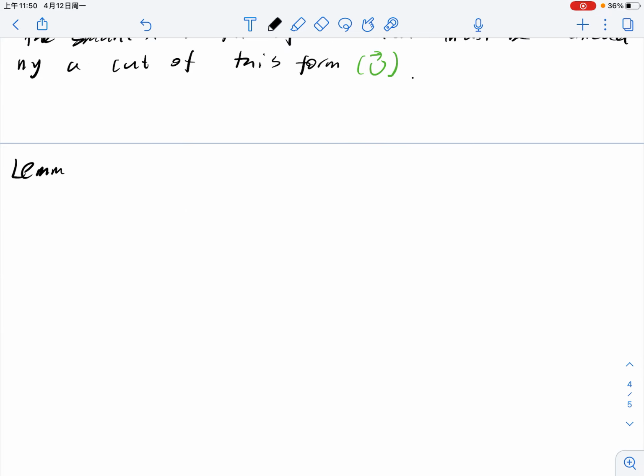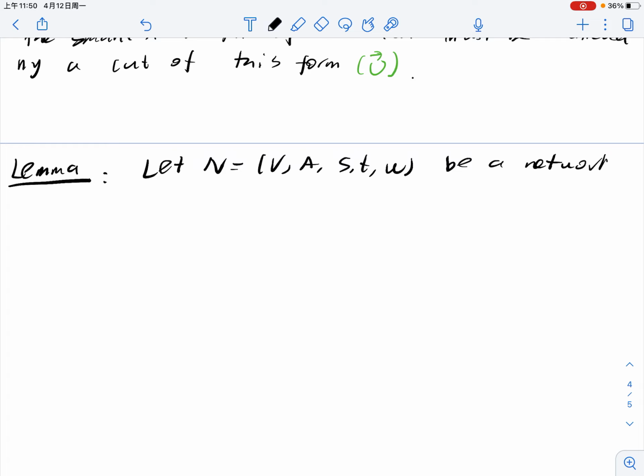Okay, lemma. So we first state the following lemma. Let N be a network with C a minimal cut.